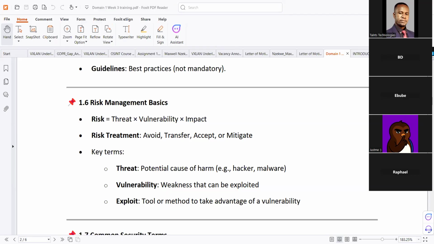What is risk acceptance? To accept the risk in order to achieve what you want. Okay, so when you have looked at this risk and you see that the cost of getting a solution for this risk is higher than the risk itself. For instance, if you have a car that is 1 million naira, and for you to insure that car, you have to pay 1.5 million.